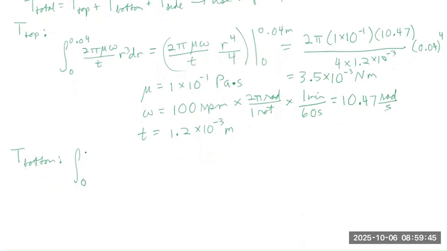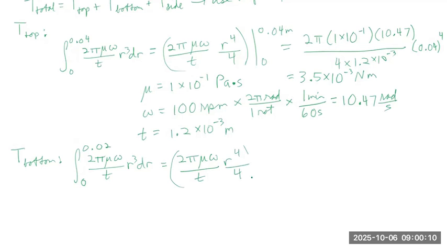So 0 to 0.02, and then integrate 2 pi mu omega over t times r cubed dr. And this one is equal to 2 pi mu omega over t times r to the fourth over 4, evaluated from 0 to 0.02 meters.